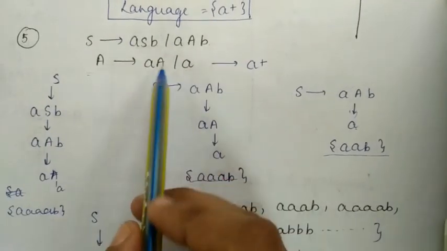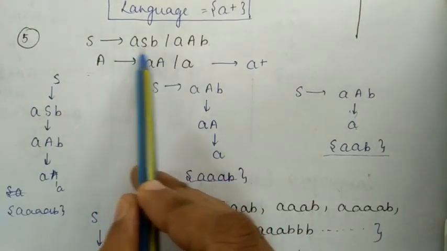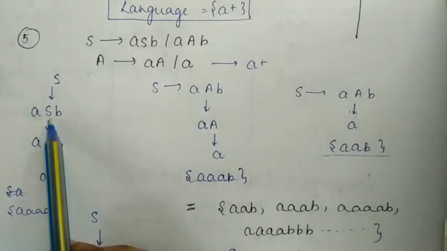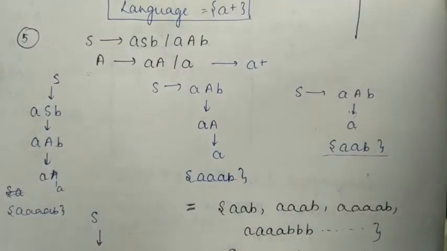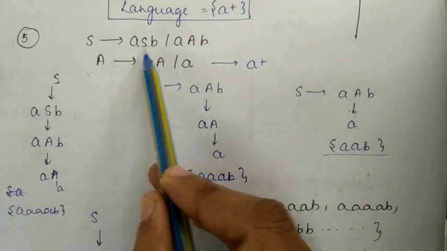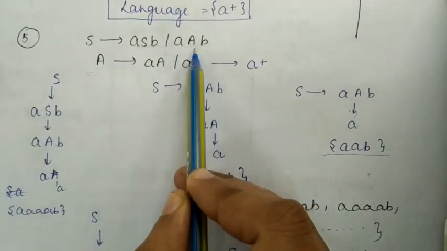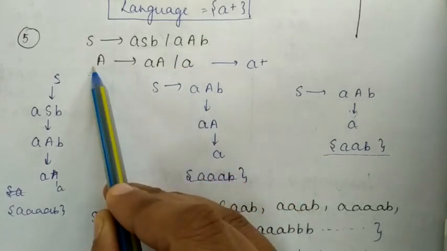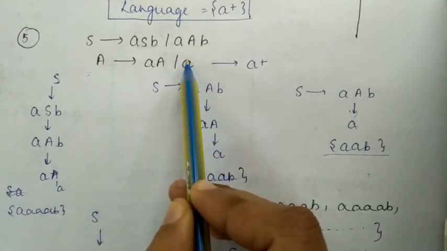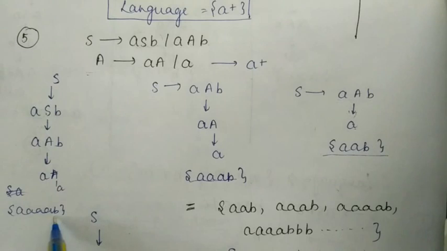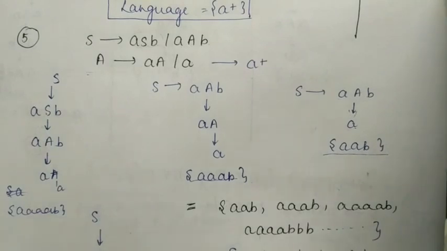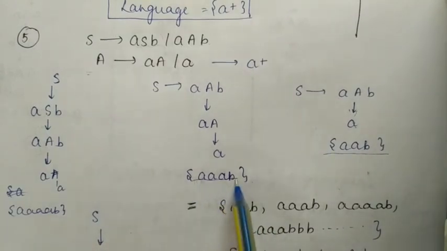Suppose we are replacing this S by the production ASB. Then at last we will have to replace it by the other production, because when we write the string, we always have only terminals in the string, we don't have variables.